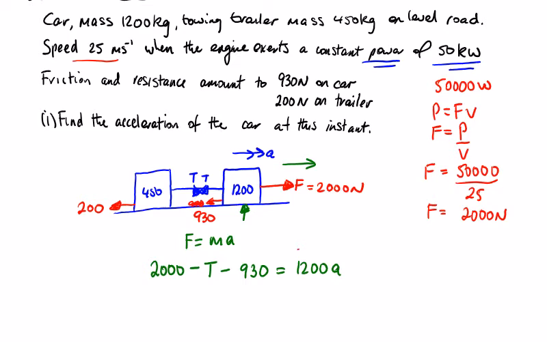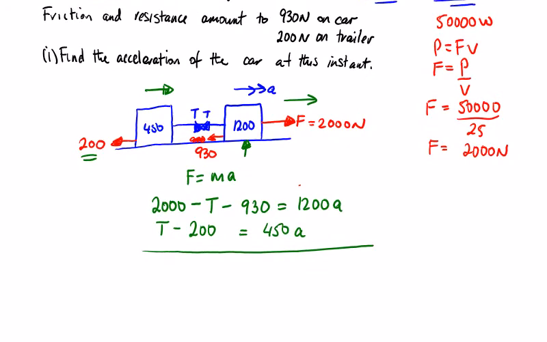With the trailer, it's going in the same direction, so I'm starting with my T. So T minus, the only thing going back is 200. That's going to be equal to mass times acceleration. And we can see here, we can eliminate these T's.